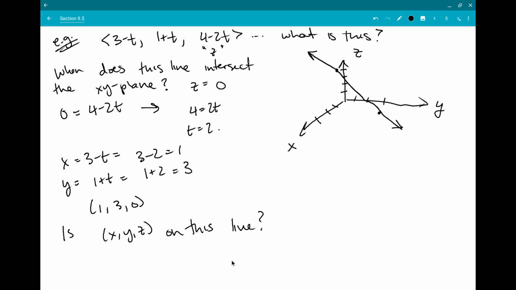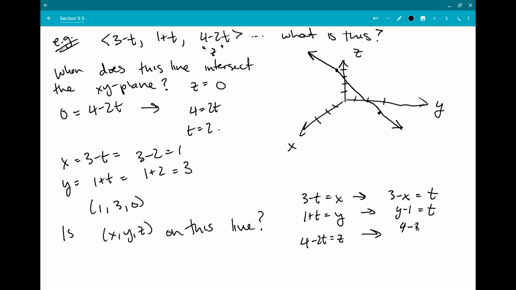If I imagine that I'm solving 3 minus t is equal to x, that means 3 minus x is equal to t. If I've got 1 plus t equal to y, that means y minus 1 is equal to t. And if I've got 4 minus 2t is equal to z, that means I've got 4 minus z over 2 is equal to t. Just solving this algebraically, move the z and t's to opposite sides, divide by 2.